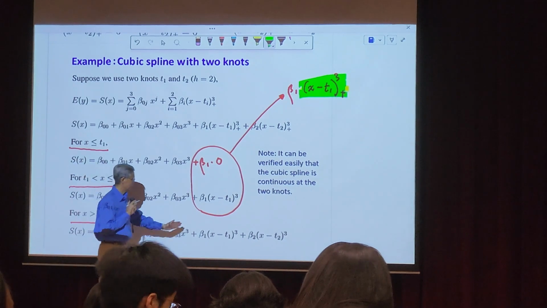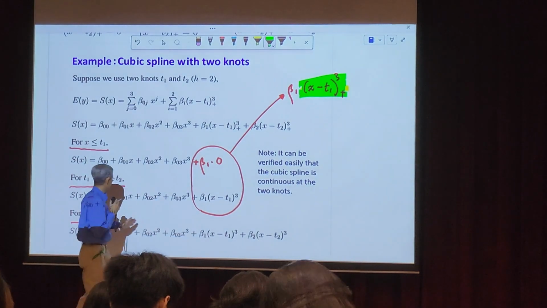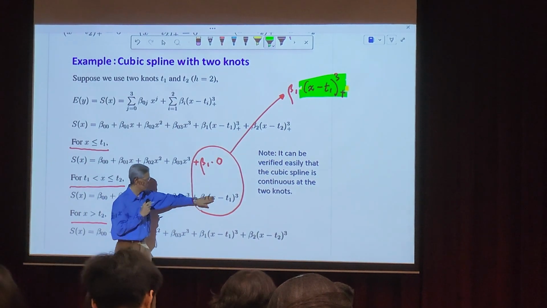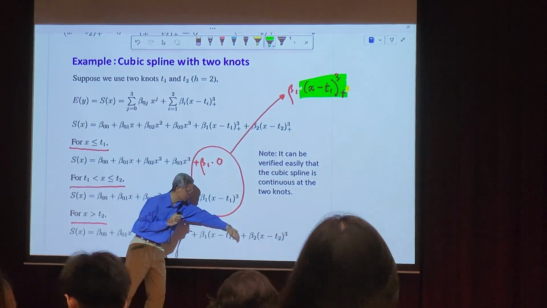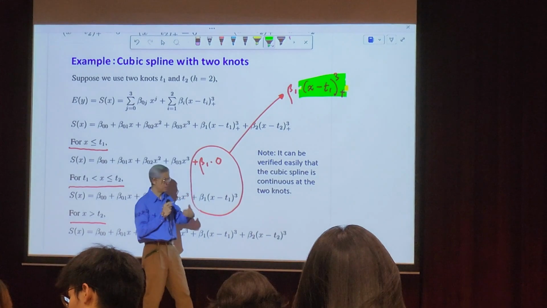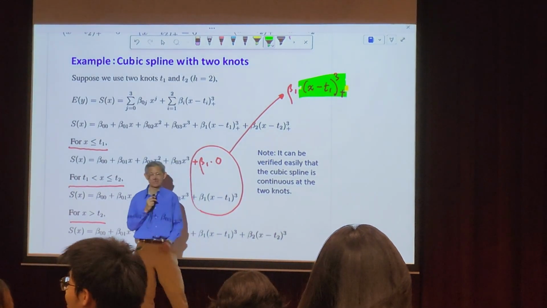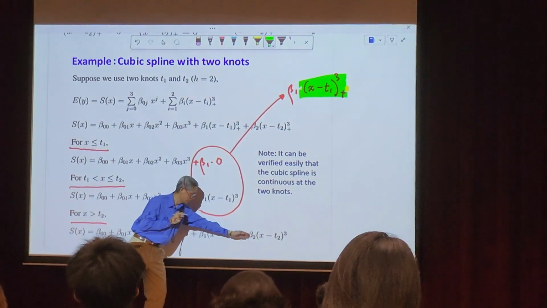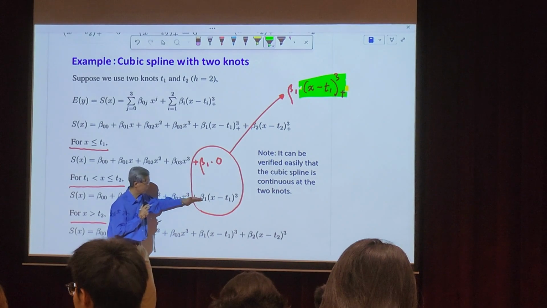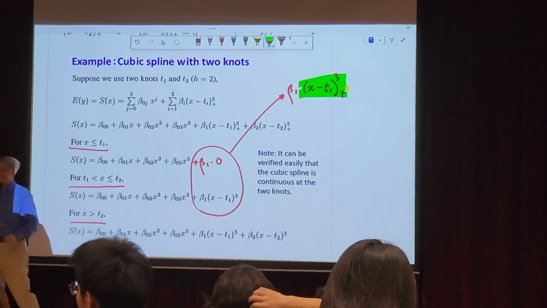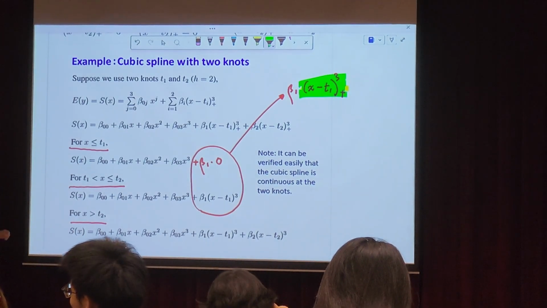Because up to T2, you will have this, just a base model. But when x approaches T2 from the right hand side, this will become 0. So if I define my cubic polynomial here, I ensure that these two polynomials together are continuous at T2.